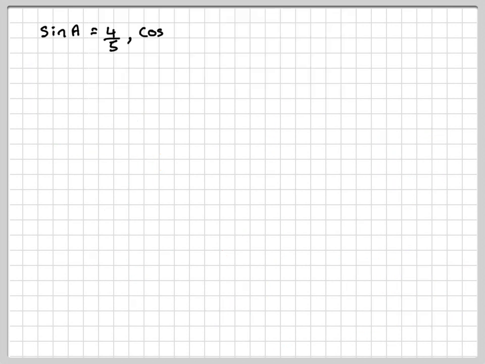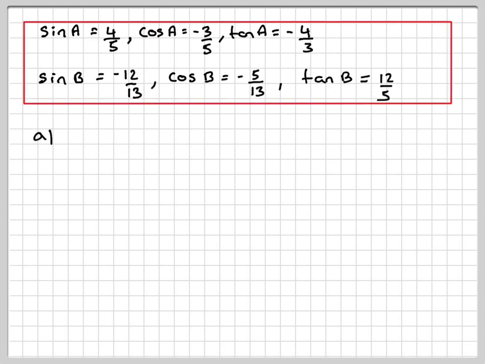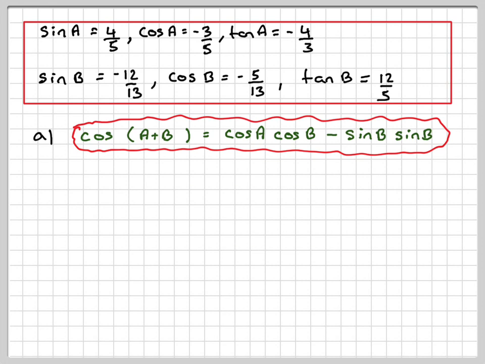So writing those all out, we can just now use them. Using the compound angle formula, cos(A + B) is cos A cos B minus sine A sine B. Cos A is minus 3/5, so put it all in brackets, cos B is minus 5/13.